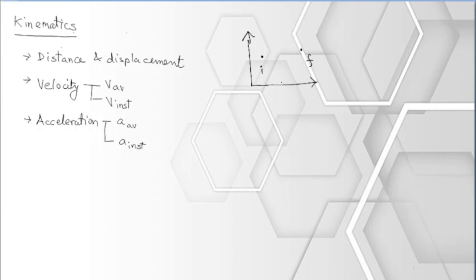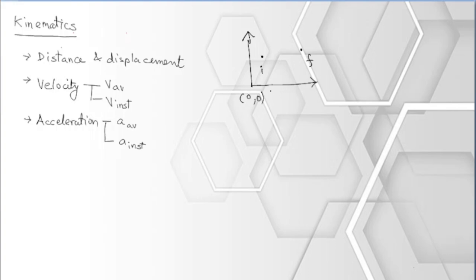Now specifically, what is motion? Motion is the movement of a body with respect to a fixed reference point, which in this case is the origin (0, 0), and also with respect to time.